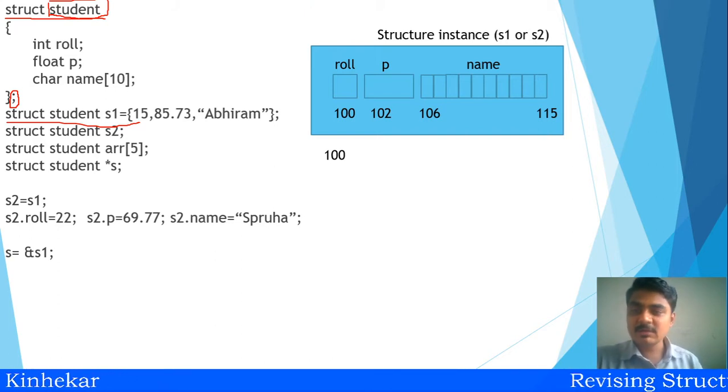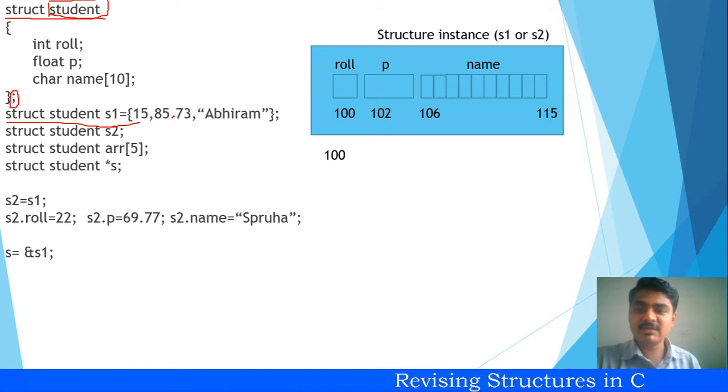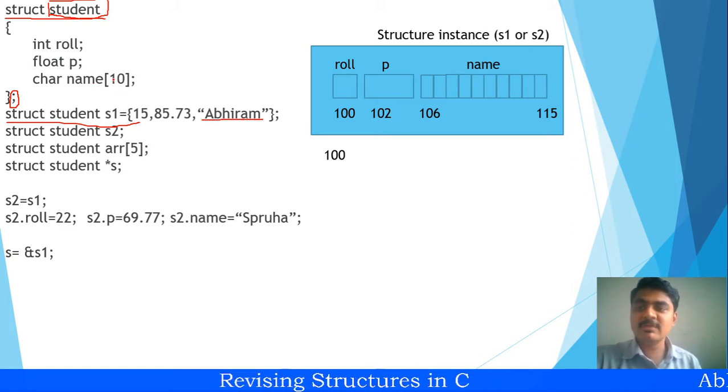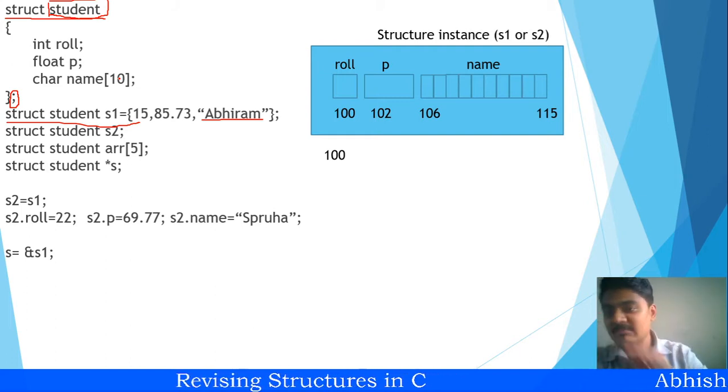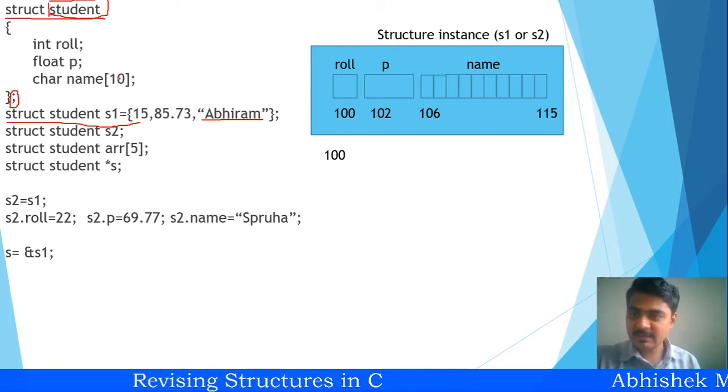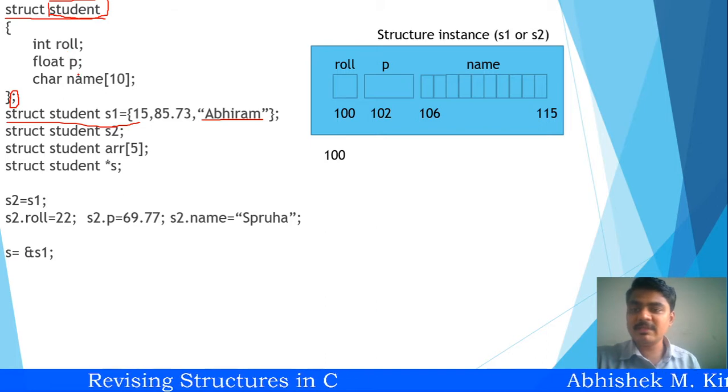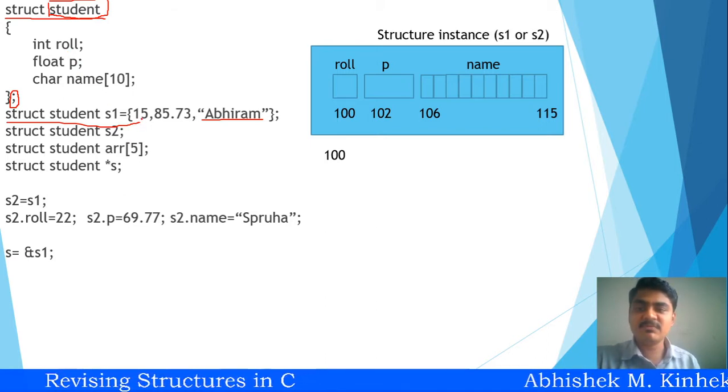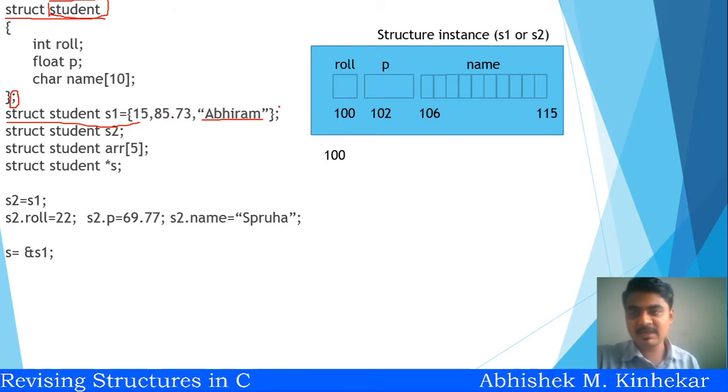What is 15? 15 is the constant value provided to the very first integer present in the structure. 85.73 is the value provided to the second member present in the structure, and this string is provided as an argument to the third member present in the structure. Correct? So roll, P and name, these three members will get values 15, 85.73 and Abhiram.